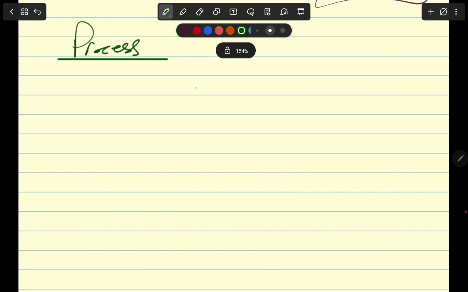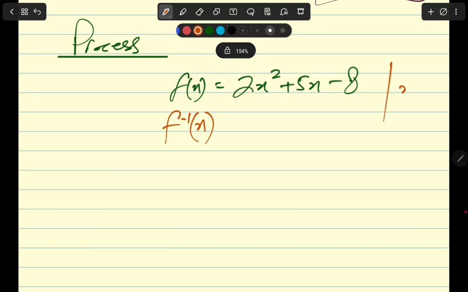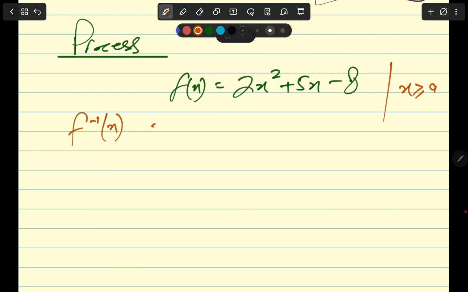Now, whenever you are given any function, let's say y equals 2x squared plus 5x minus 8, and this is f(x), and you're asked to find f inverse of x, and you're told that f inverse of x exists, and the domain is x less than or equal to a. Find the greatest value of a.